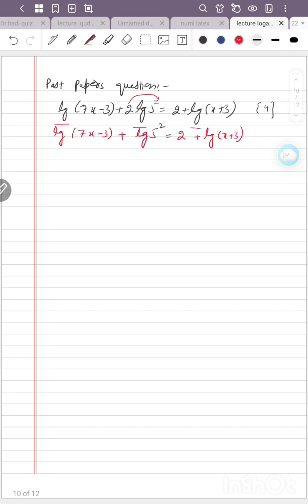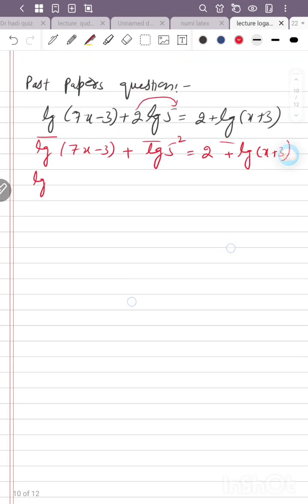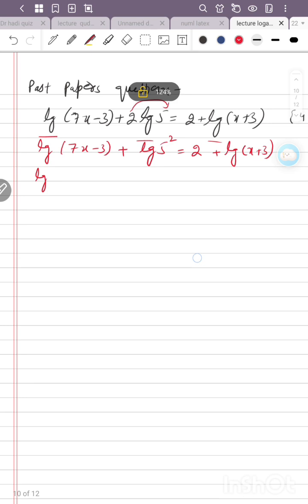Let me zoom in on this question. Okay, log of 7x minus 3 minus log of x plus 3 plus log of 25 equals 2.